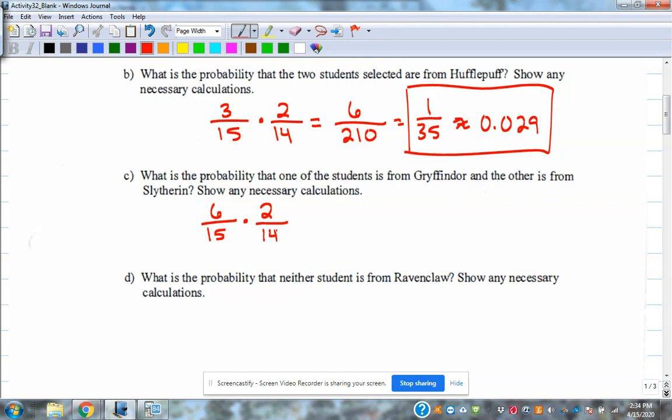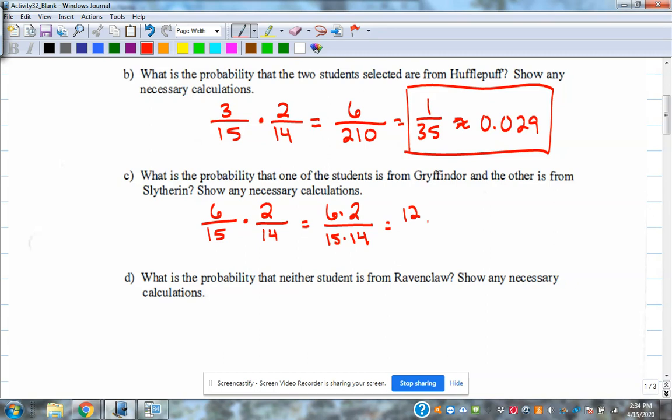And we don't have to worry about order here, because if the person from Slytherin was chosen first, they would be 2 out of 15, and the second choice would be 6 out of 14. It doesn't matter what order, because no matter which way it happens, multiplication is commutative on the top, so it doesn't matter which order the 6 or the 2 comes in, but we do have to have 15 and 14 in the bottom.